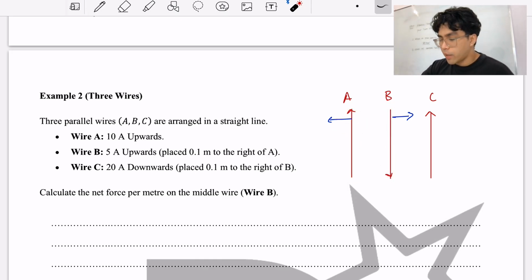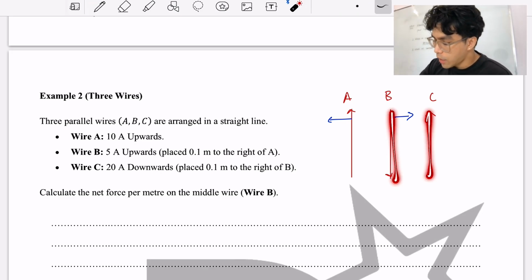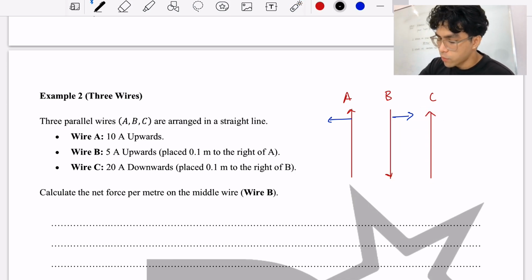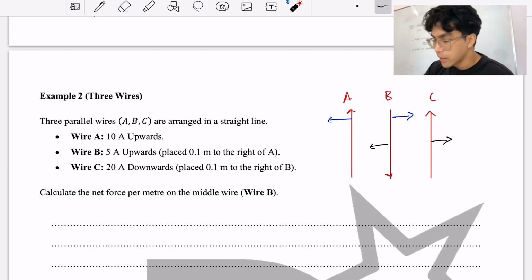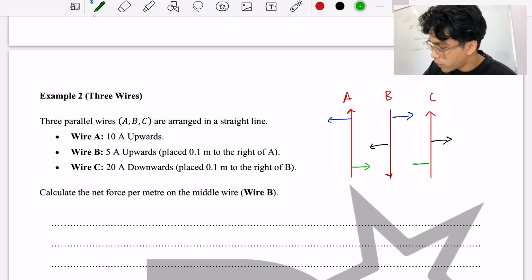But there's also going to be an interaction between B and C, which I will use black for. Because they are opposite directions, we're going to have a force of repulsion. And the last pair that we must consider, which I'll use green for, is A and C. A and C are the same direction, so we're going to have a force of attraction.